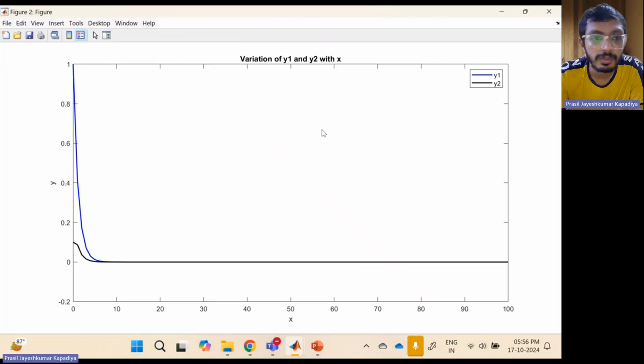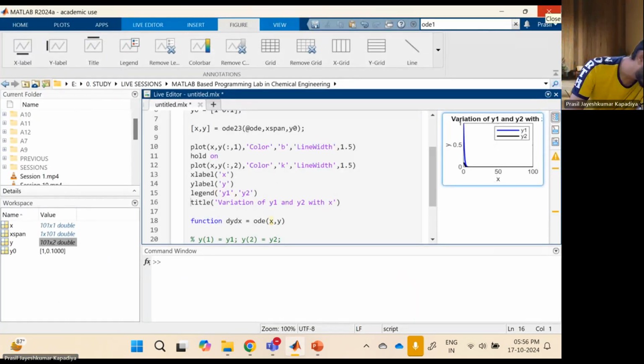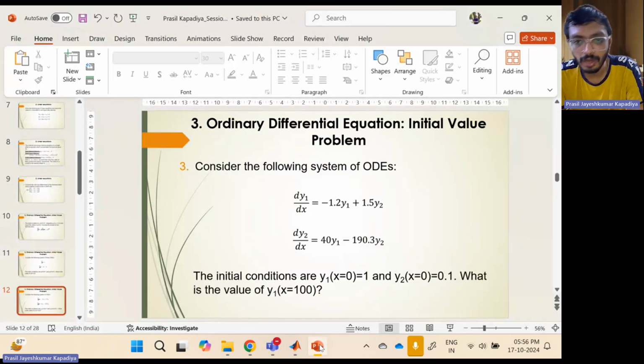So see, this is my y1 and this is my y2. Okay. So this is what we have learned about ordinary differential equations. In this ODE part, we further learn how we can plot our data.